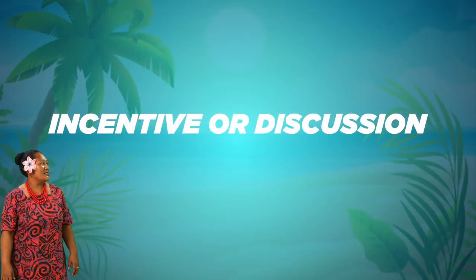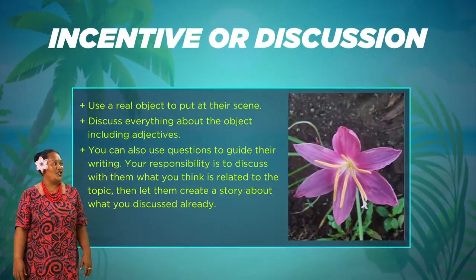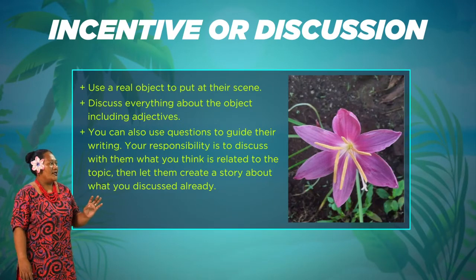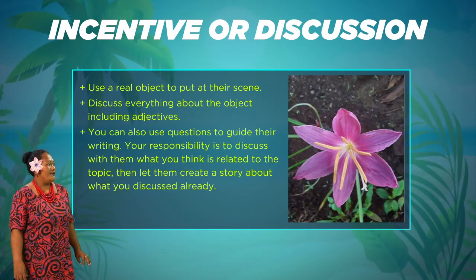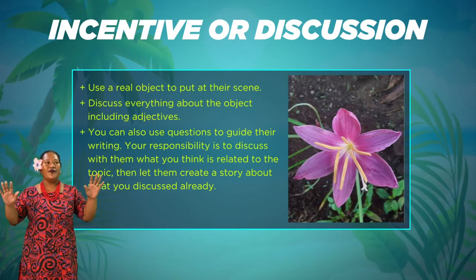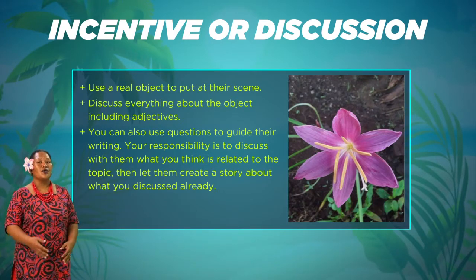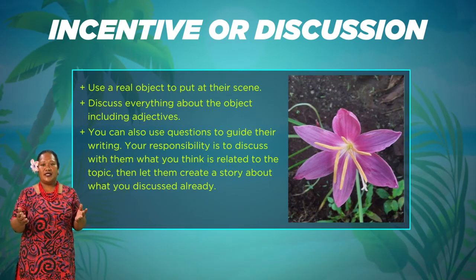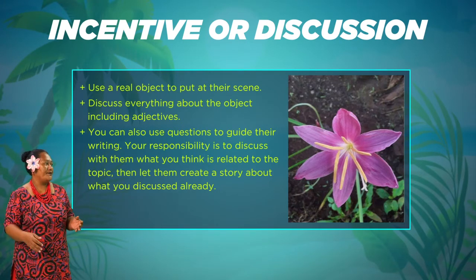Strategy number 6, incentive or discussion. We can use a real object to put at the scene. Discuss everything about the object, including adjectives. You can also use questions to guide your writing.